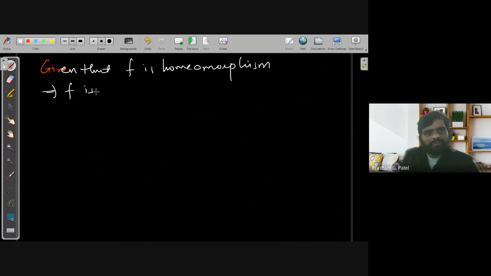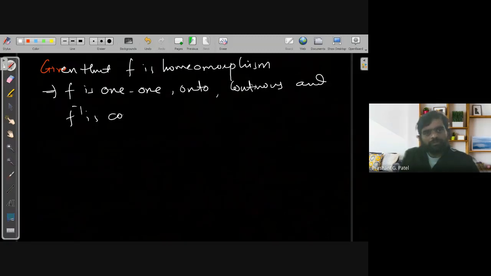So given that f is a homeomorphism, this implies f is 1-1, onto, continuous, and f inverse is continuous. What I have to prove is f inverse is also a homeomorphism.